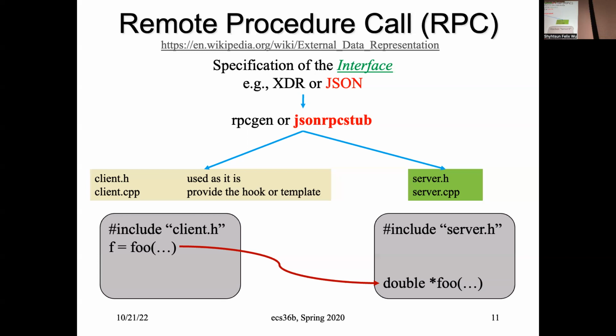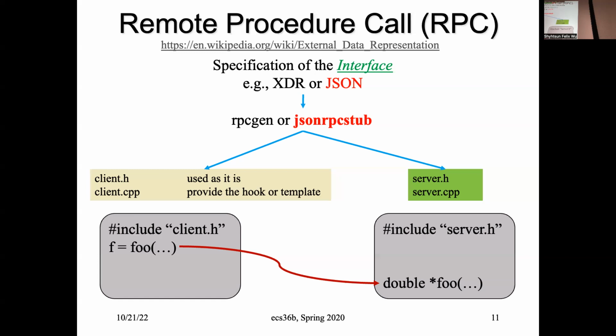By the way, if you want to do RPC, you must have a client side and a server side. The client side is the one that makes the call, and the server side is the one that receives the call.